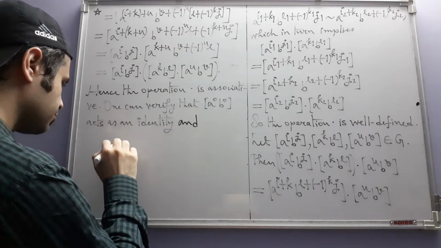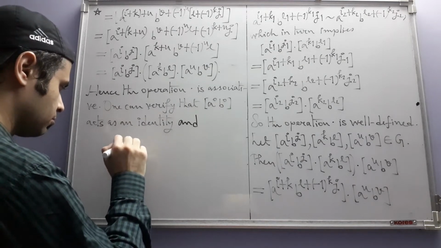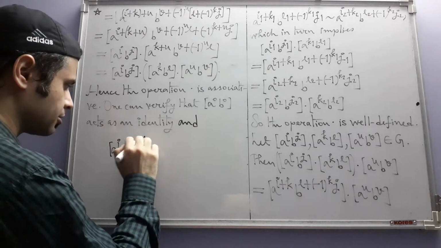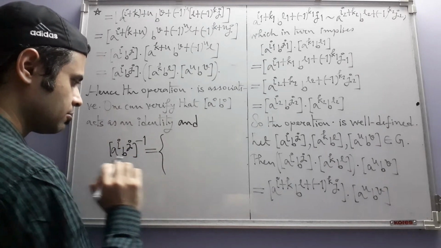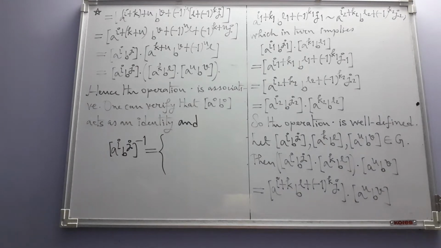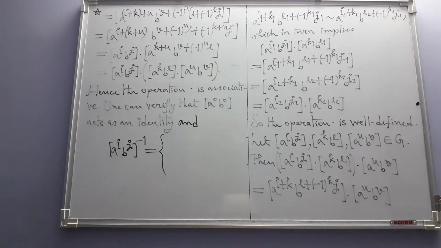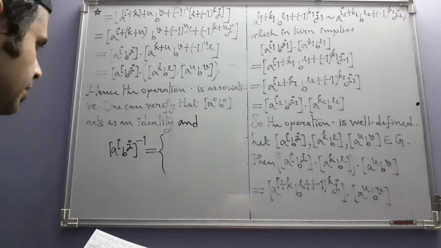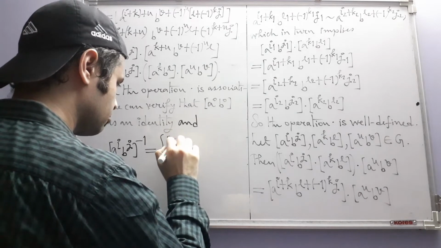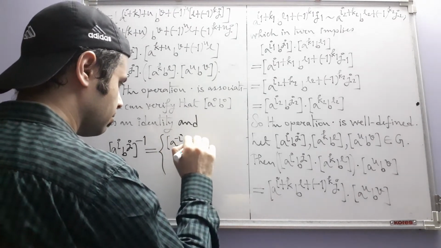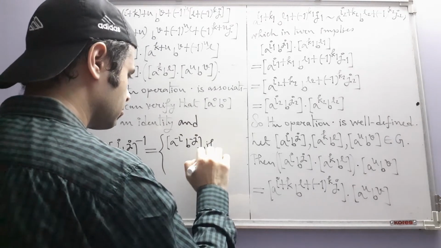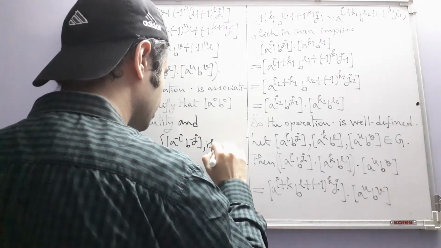the inverse of this, it actually has two expressions, which are, I forgot what is that expression. Yeah, here it is. Minus i, minus j if i is even.